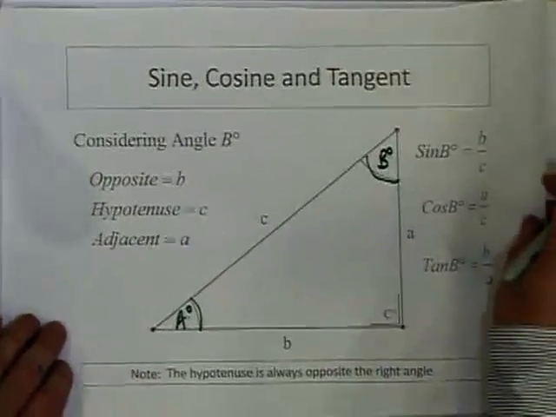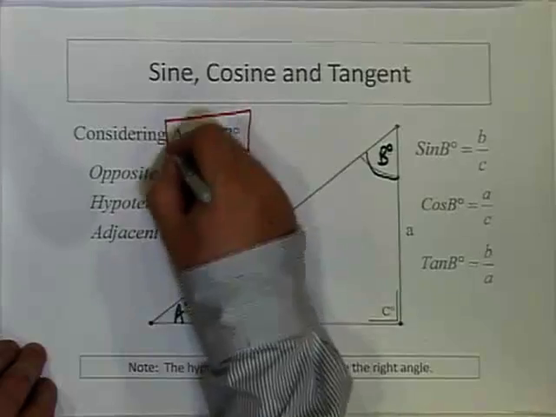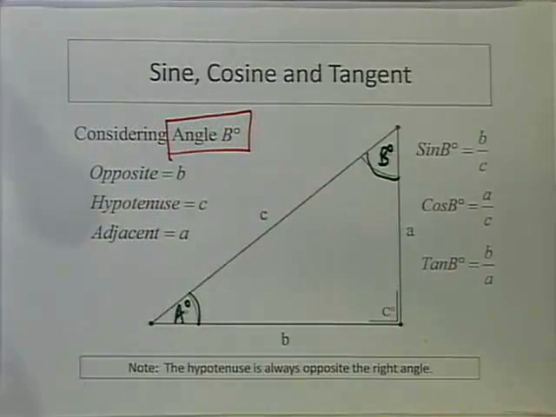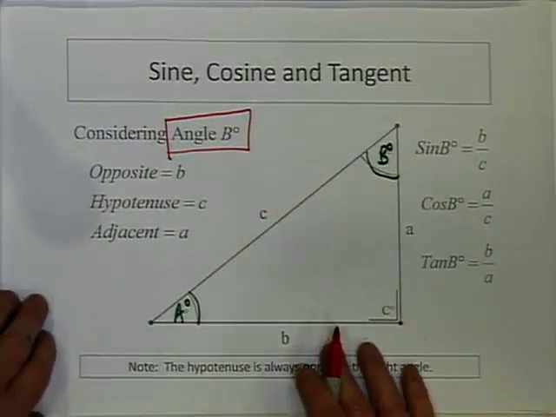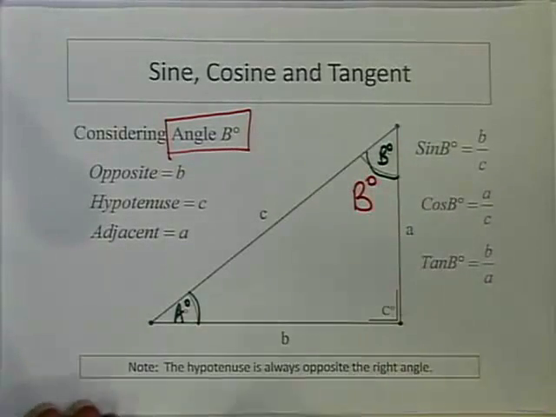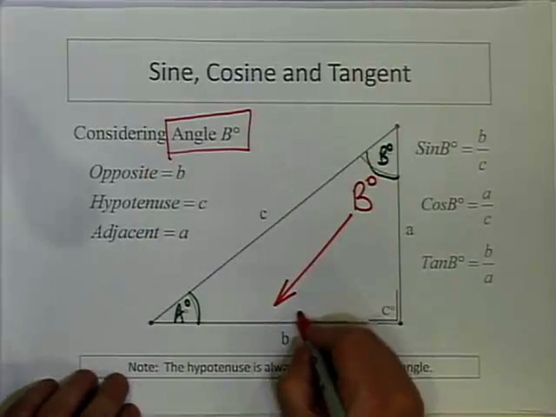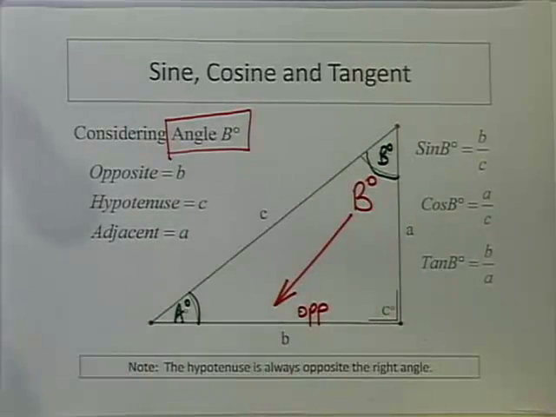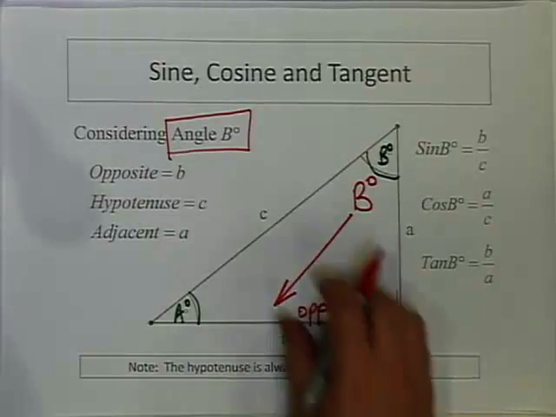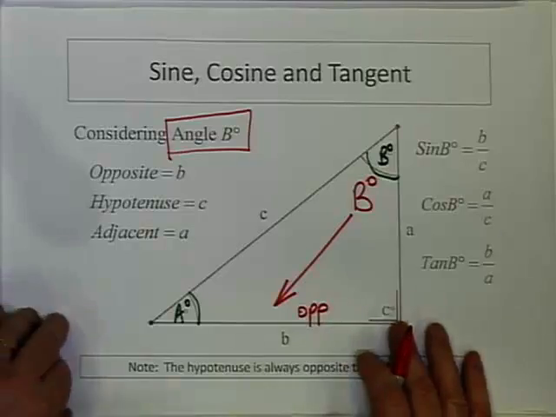So what you do is you say, what's my focus? We're asked about angle B. Well, what's the rule? The rule is you go to where you're looking for first. You draw a line from it to the side, and that defines the opposite. Because for this question, I'm interested in B. That is the opposite.